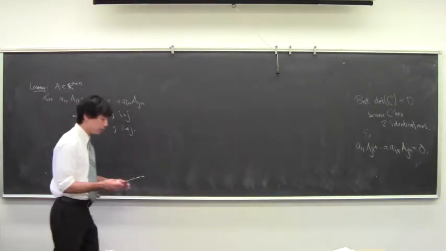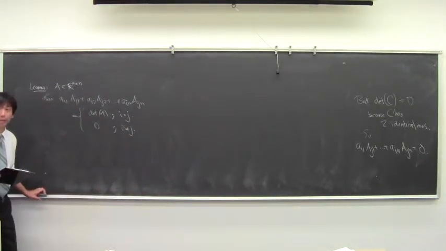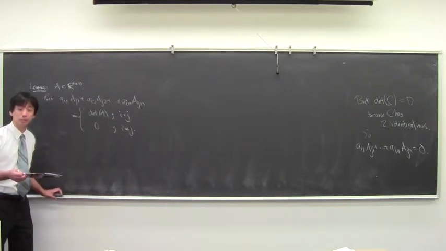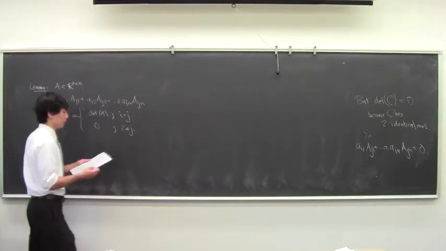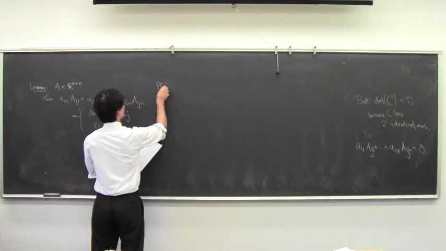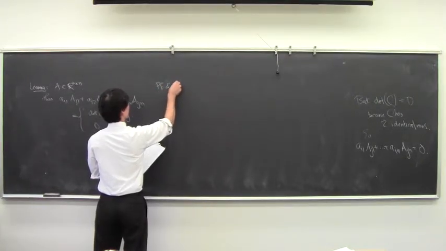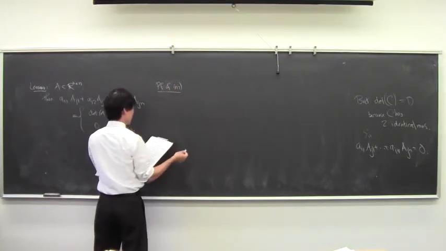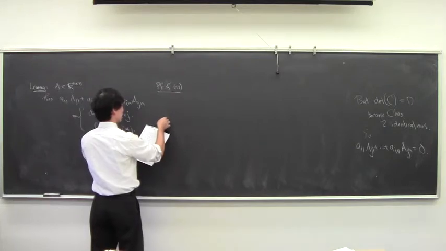Okay, so now let's use this to show that the third elementary row operation does nothing to the determinant. Let's give the proof of the third fact that we listed early at the beginning of class.